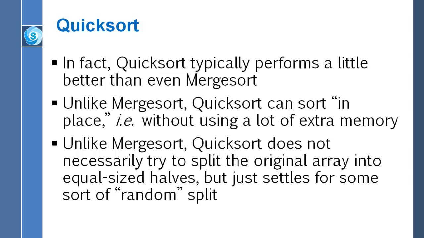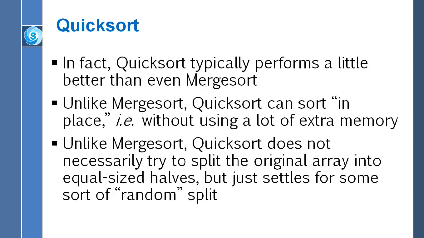A downside to Quicksort is that although it does work recursively, does use a divide and conquer strategy, and does split the original array into two parts, unlike Mergesort, we have no assurance that the two parts are nearly equal size.